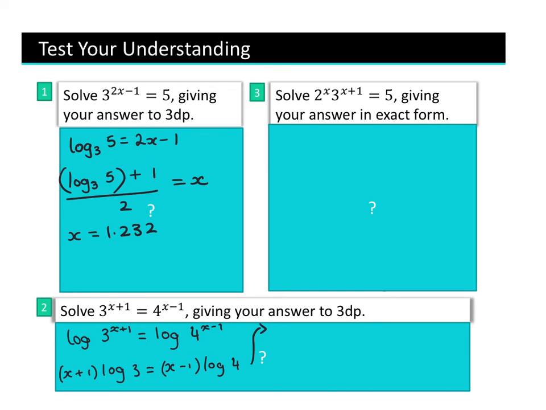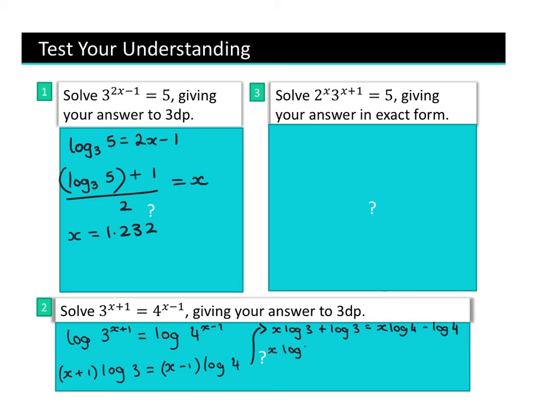I can now expand both sides. So I'm going to have x log 3 plus log 3 equals x log 4 minus log 4. Now what I'm going to do is move everything with an x on the left-hand side, everything else on the right-hand side, so that I can get x on its own.